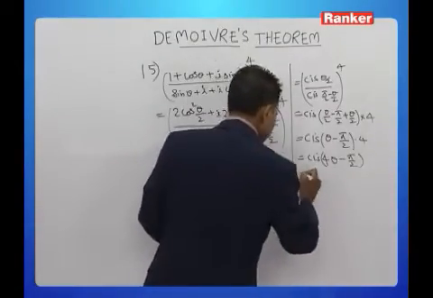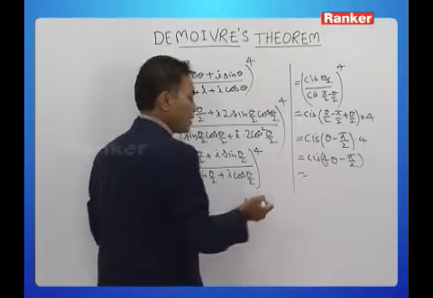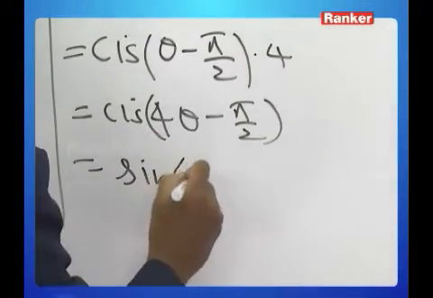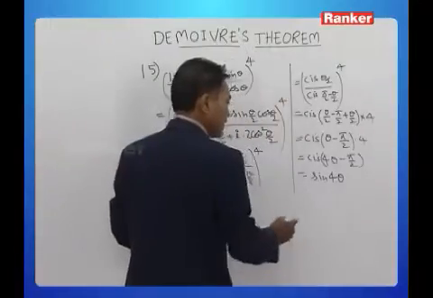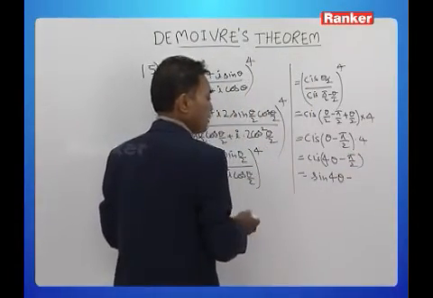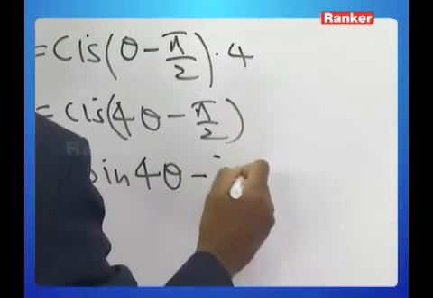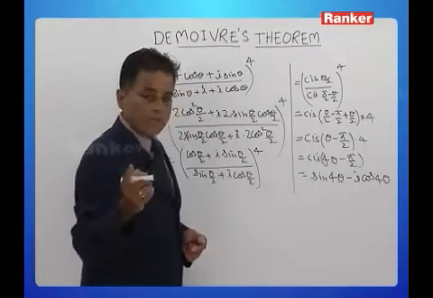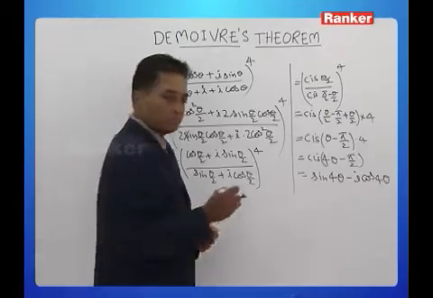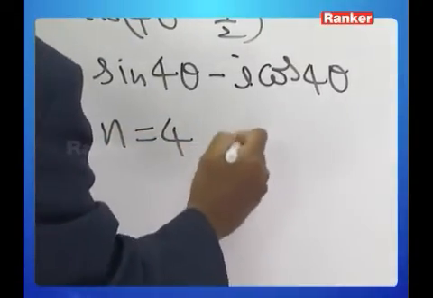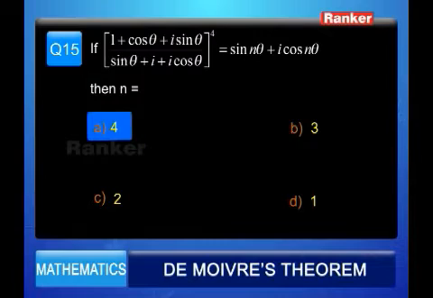So you get cos of 4 theta minus pi by 2, that is sin 4 theta, right, and sin of pi by 2 minus theta is cos 4 theta. So if you see, n value becomes 4. So answer is 4. Option is first one. Answer A.